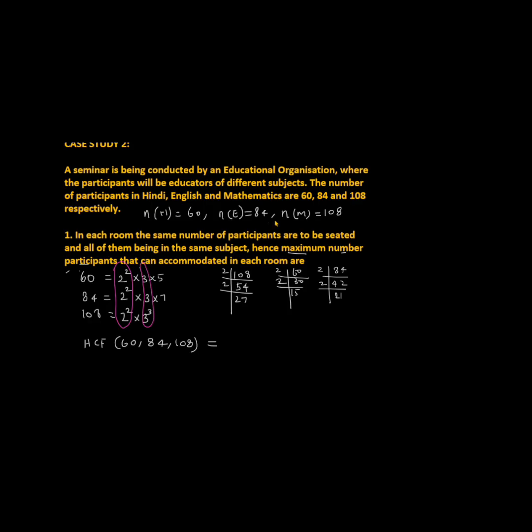We need to take only the least power. So 2 squared and 3. We should not take non-commons. So 4 into 3, 12. HCF of these numbers is 12. So a maximum of 12 participants can be accommodated in each room from the same subject.